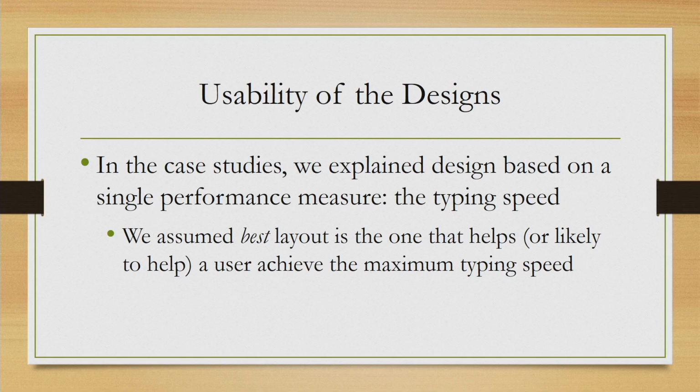in these case studies or earlier also we have seen that we are relying on performance measures. In the particular case study of virtual keyboard design, we relied on only a single performance measure, the typing speed, and we assumed that the best layout is the one that is likely to help a user achieve the maximum typing speed.